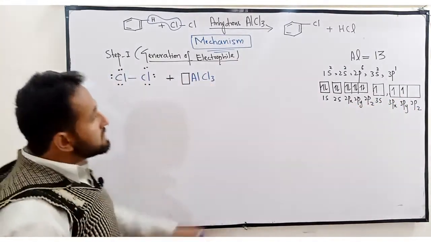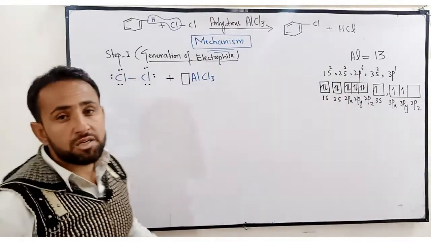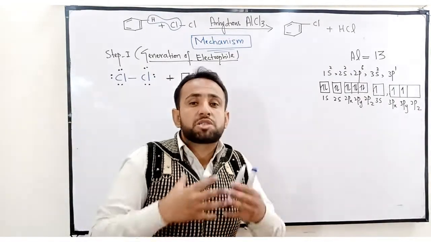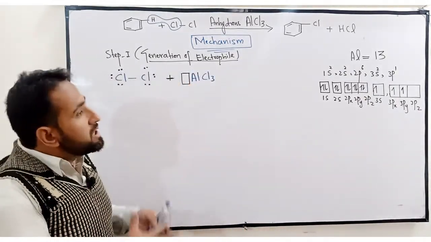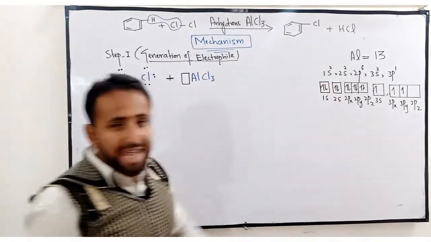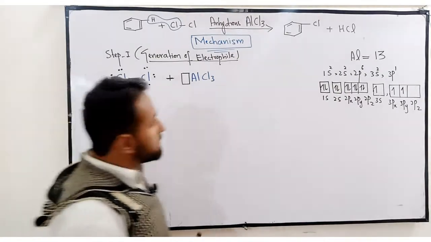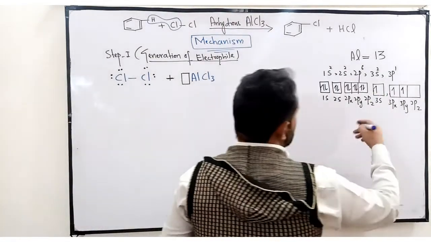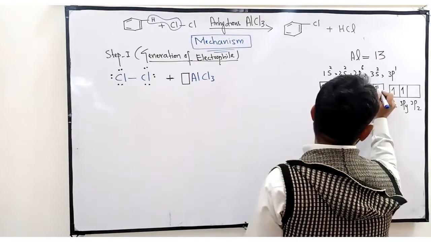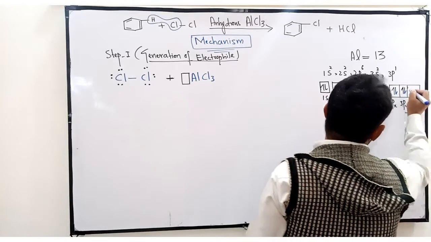Now this is the electronic configuration of aluminum in the excited state. Before, it was the electronic configuration of aluminum in the ground state, and this is the configuration in the excited state. Now there are 3 half-filled orbitals with aluminum: 3s, 3px, 3py.